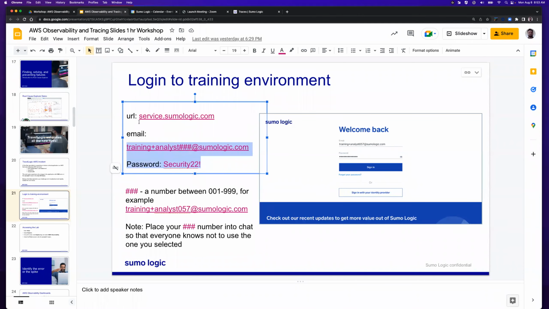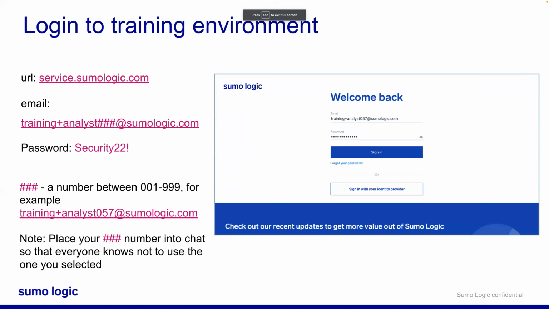So we're going to use some training accounts for this exercise. And let me put these in the chat as we're starting. So what we're going to do is go to service.sumologic.com to log in, which hopefully you're familiar with. If you're not, that's where we go to log into Sumo. For today, we're going to use the email of training plus analyst number.